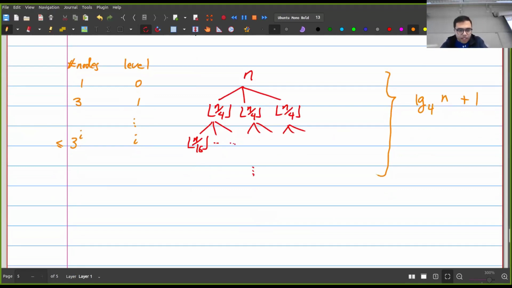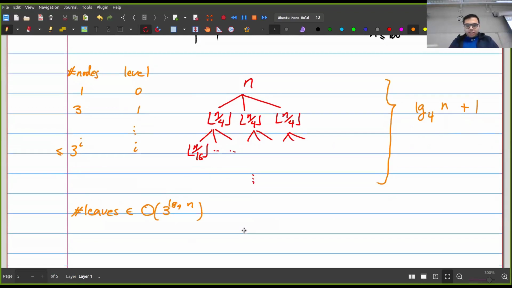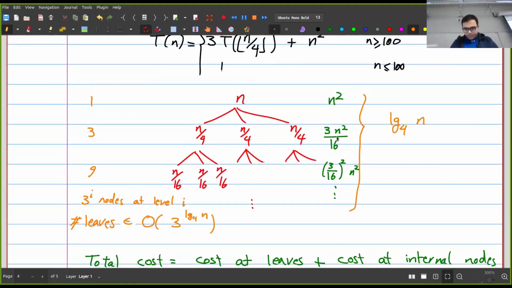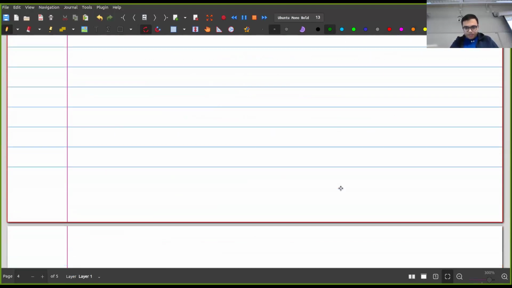So now the number of leaves, again, I'm just approximating this. I'm giving an upper bound. It's going to be in the O of 3 to the power of log base 4 of n. Now, I don't put the plus 1 because the plus 1 is just a constant factor. In O, I can get rid of that. Now, I can do the same analysis for the costs, but it's going to be a little bit worse.